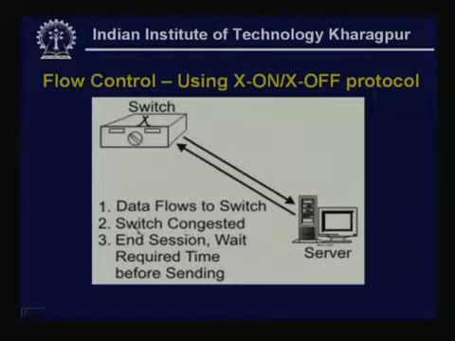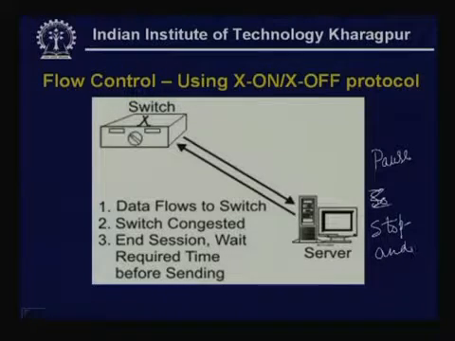So, it will send a pause frame in the reverse direction, and after receiving that pause frame, the server will stop sending and wait the required amount of time before sending again. It is somewhat like the stop and wait protocol that is used for flow control. The same is implemented by using this full duplex line, and it is known as the XON XOFF protocol.